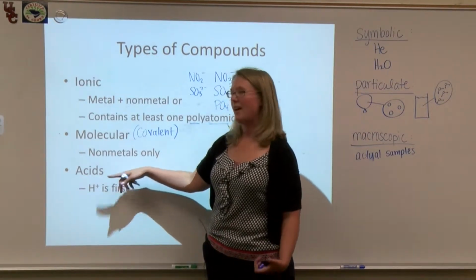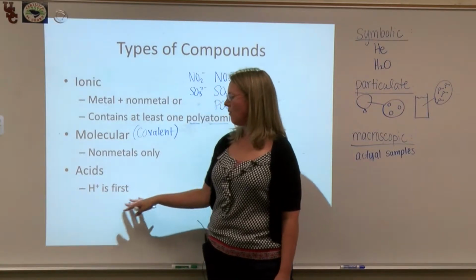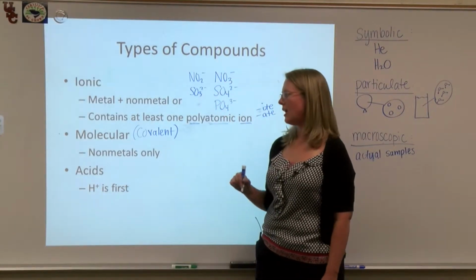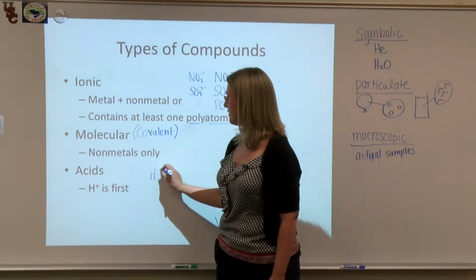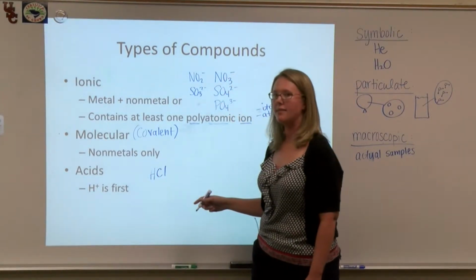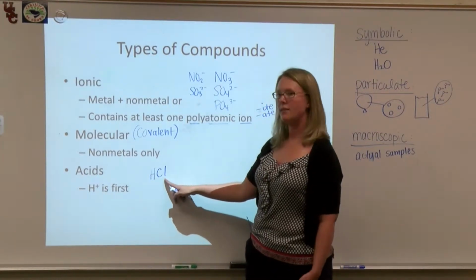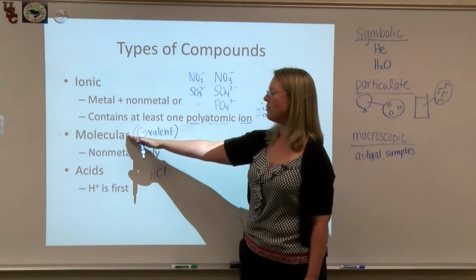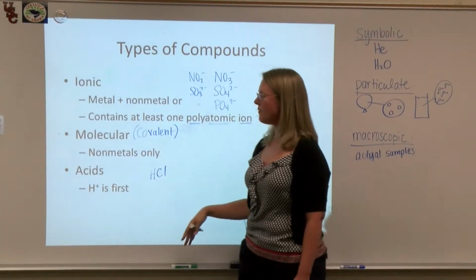Acids, for the course of our discussion, anytime we see H first, we're going to call that substance an acid. We're going to name it like an acid. For example, HCl. We would say, okay, that's an acid. Even though H is a nonmetal and chlorine is a nonmetal, we're not going to name it using the molecular rules. We're going to name it using the acid rules.